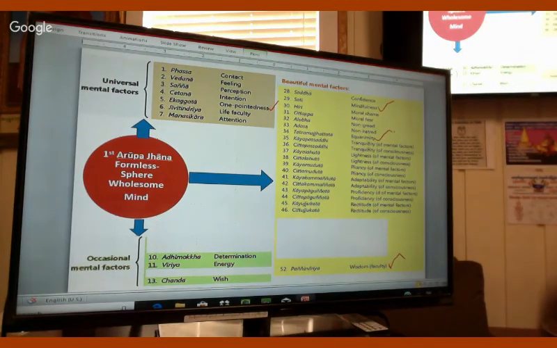All of the arubhajana factors are higher. But the first arubhajana's concentration power and the second arubhajana's concentration power are different. The intensity is definitely higher. But all the other factors are higher too, but all other factors are under the guidance of the concentration.